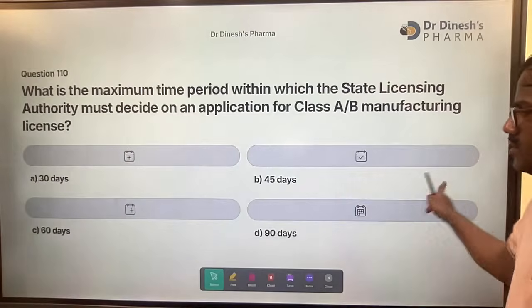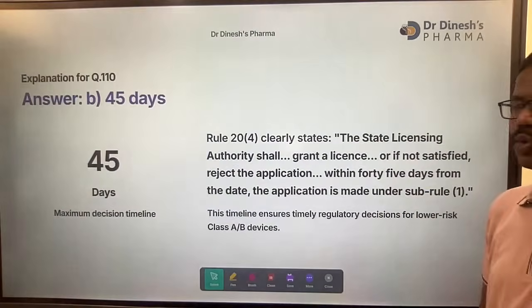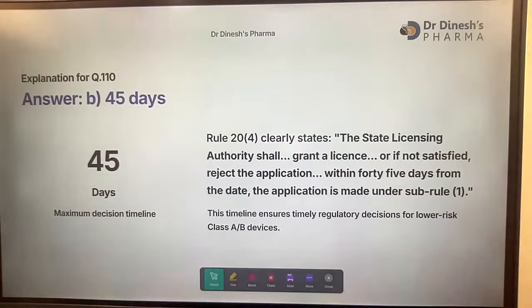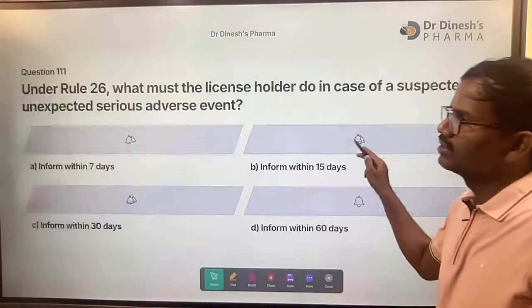Okay, 45 days. Excellent. Right answer. So rule 20 says the state licensing authority shall grant a license, and if not satisfied, reject the application within 45 days from the date the application is made under sub rule 1. The timeline ensures timely regulatory decisions for lower risk class A and B. Maximum decision timeline will be 45 days.